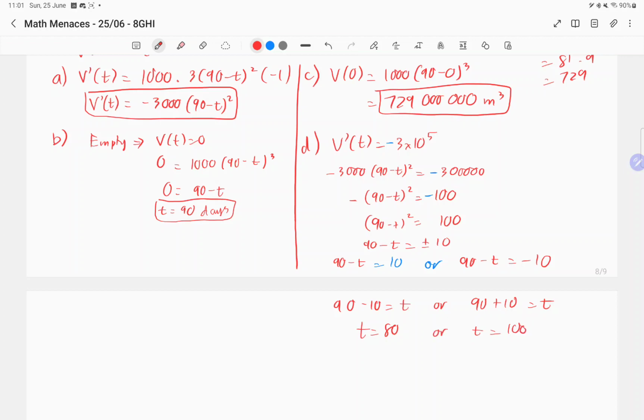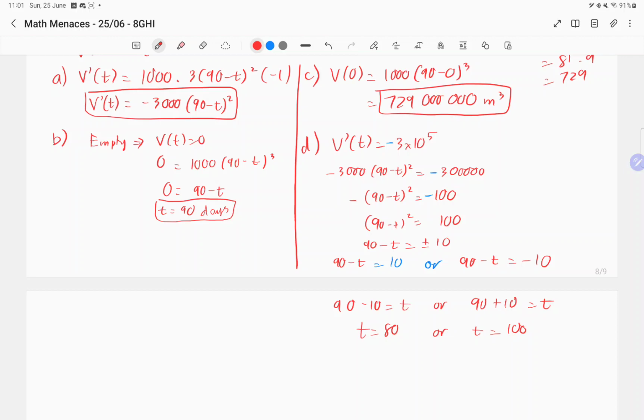So when we get up to this point here, one of these answers is rejected. But why? Is it because the constant in the original equation is only 90? It's not about the constant. It's about something else. When volume equals 0, the time is 90.